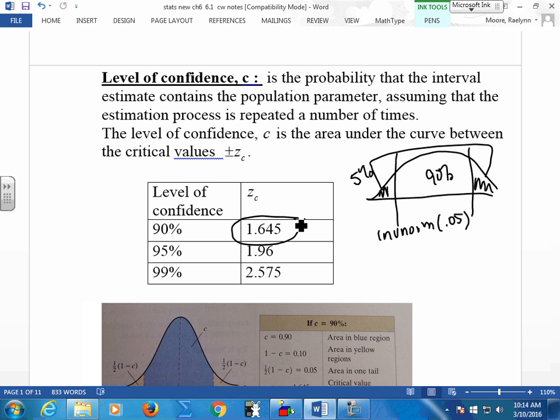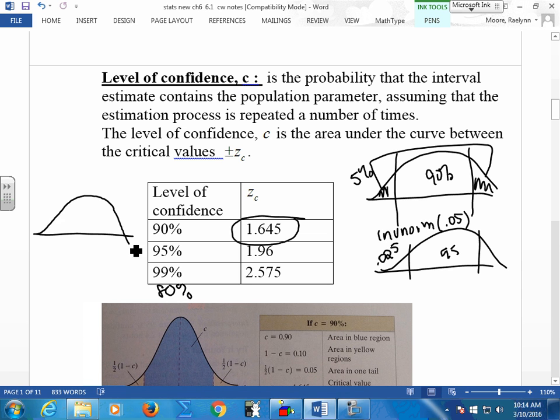And it works the same for these guys. If this is 95% in the middle, 95 goes here. These guys add up to 5%. So this is half of 5%, 2.5%, 0.025. And we do an inverse norm on those. So if I asked you 80%, and keep this chart handy, and we keep adding to it when we use more. So if I asked you 80%, and 80% fell here, what do these two tails that are symmetric have to add up to? 20.